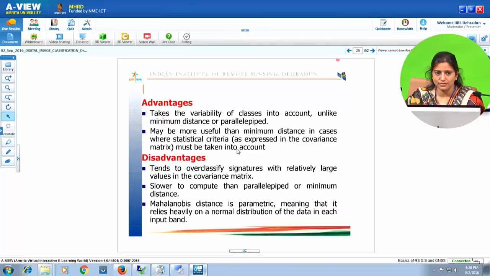As you must have observed, we are using the covariance matrix as such in the formula. It is slower to compute than parallelepiped or minimum distance algorithm. Mahalanobis decision rule is parametric, meaning that it relies heavily on the normal distribution of the data in each of the input band.